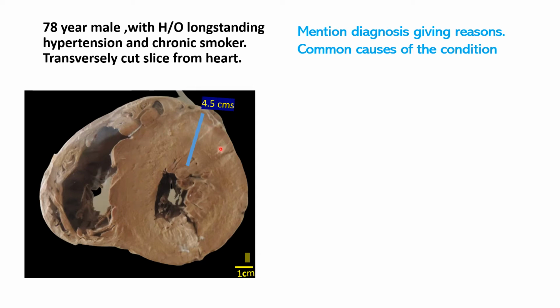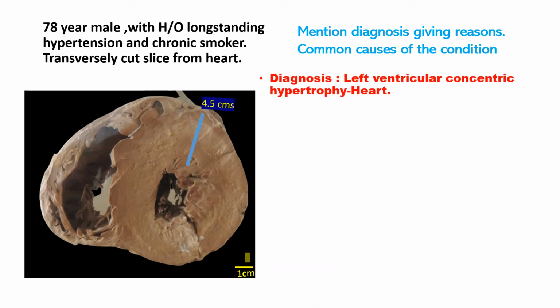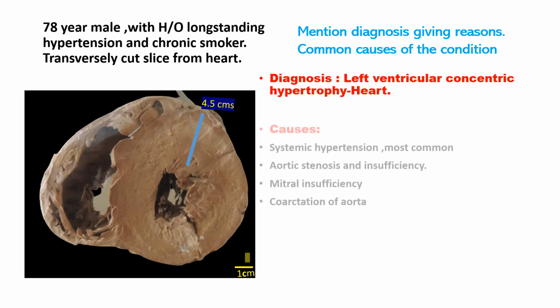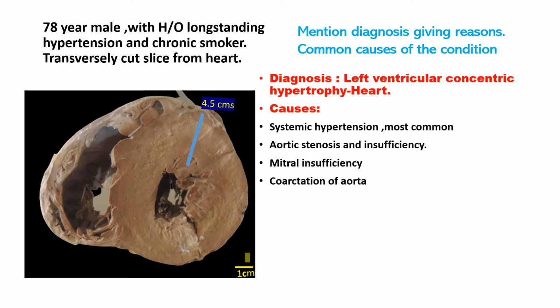So this is the concentric thickening or hypertrophy of the left ventricle. So the diagnosis is left ventricular concentric hypertrophy of the heart, and the causes of the condition are systemic hypertension, most common, aortic stenosis and insufficiency. So there may be valvular disease and secondarily the concentric hypertrophy, mitral insufficiency and coarctation of the aorta.